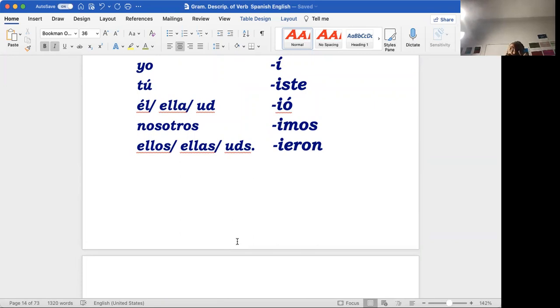We did an explanation looking at AR, ER, IR, then we looked at the present indicative. Now we're looking at the pretérito, and next we're going to be looking at the present perfect tense. Okay, so we can keep it in order.